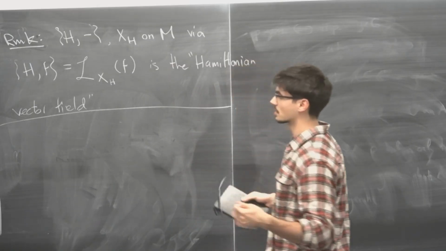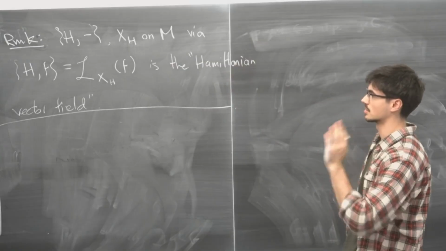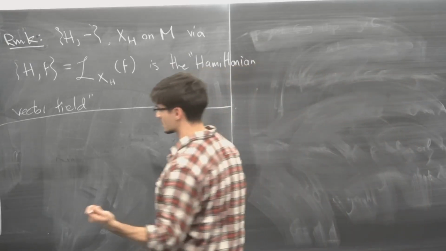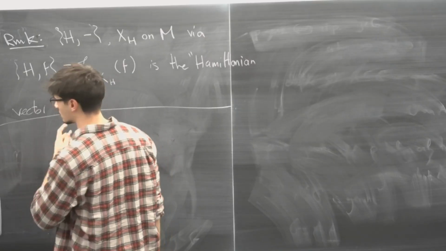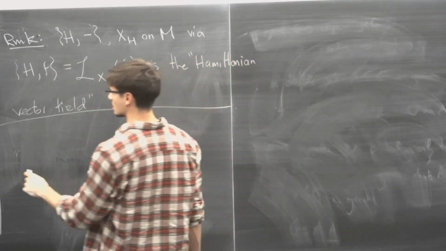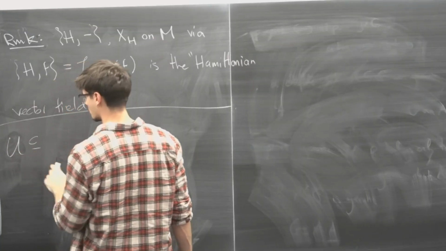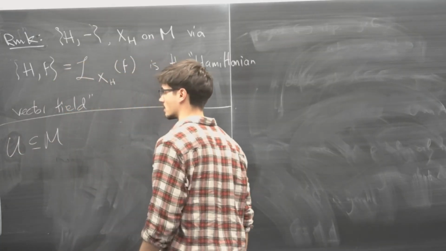But we want to talk about this thing locally, and it turns out that this bracket is fully determined locally. But what does this mean? Well, we want to talk about functions on open subsets of our manifold.